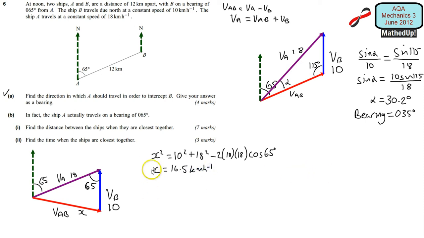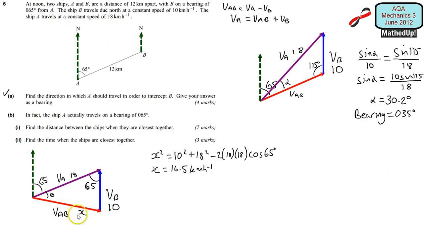Now I know what x is. I also want to know this angle here, which I'm going to call theta. To work this angle out I can use the sine rule.